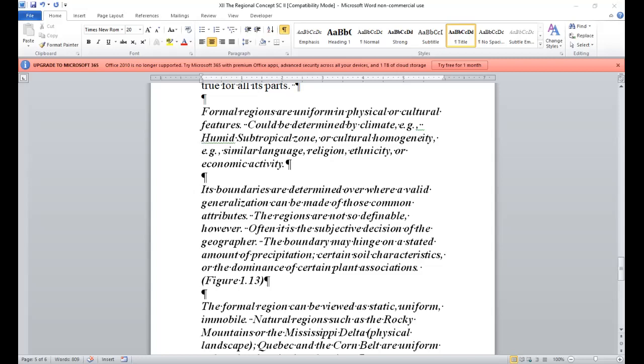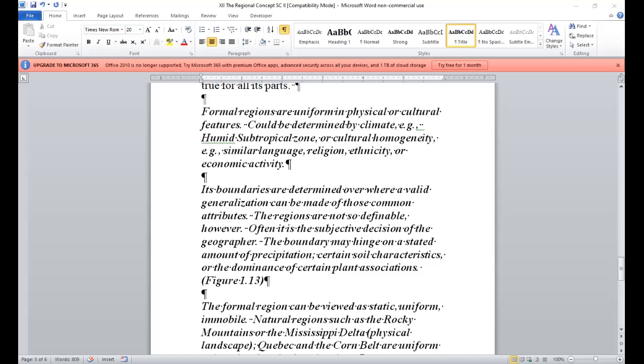Natural regions such as the Rocky Mountains or the Mississippi Delta, some kind of physical landscape. Quebec, French-speaking Quebec province in Canada, and again the Corn Belt. These are uniform cultural and agricultural regions that are probably not going to change.